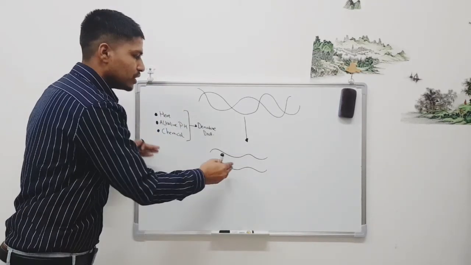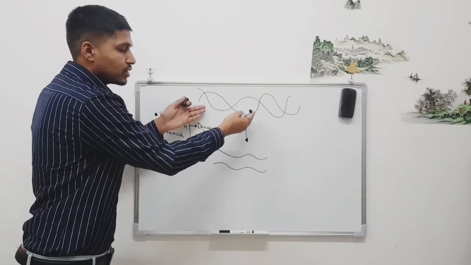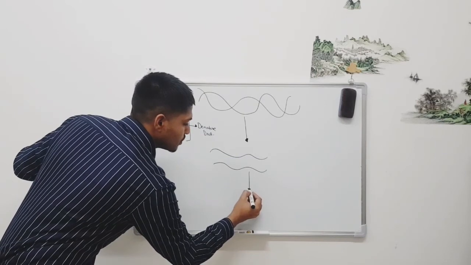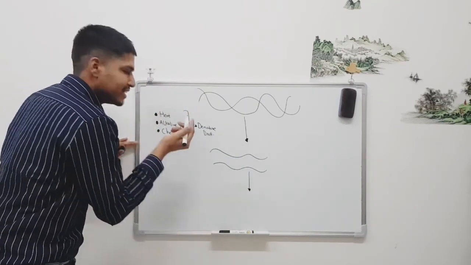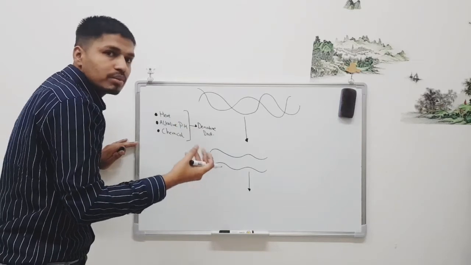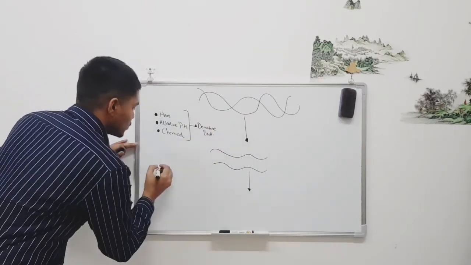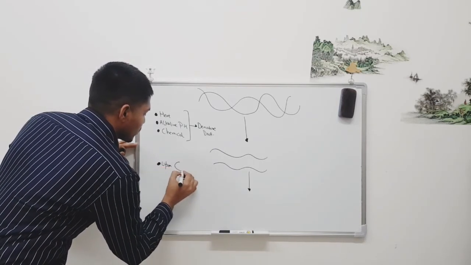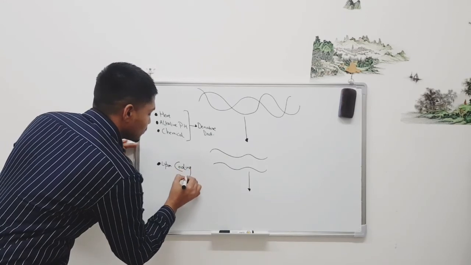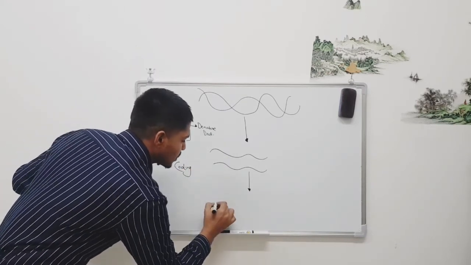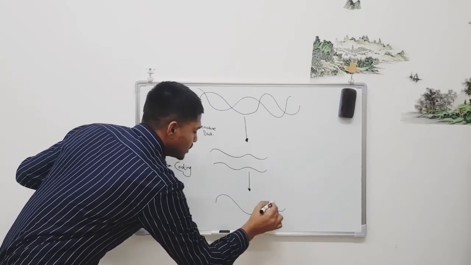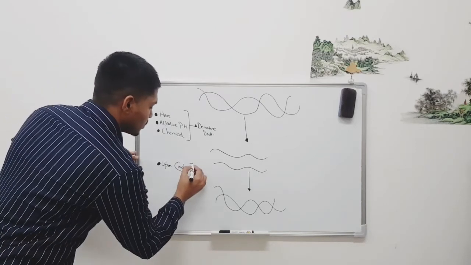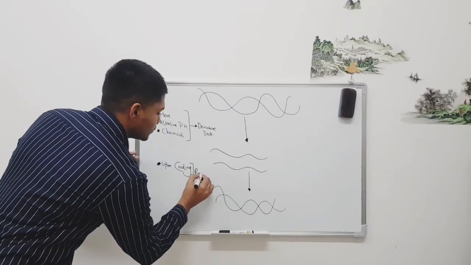Now if you again want to renature the same DNA molecule, you can give some heat and then upon cooling you can again get the same DNA molecule. You can renature the DNA molecule.